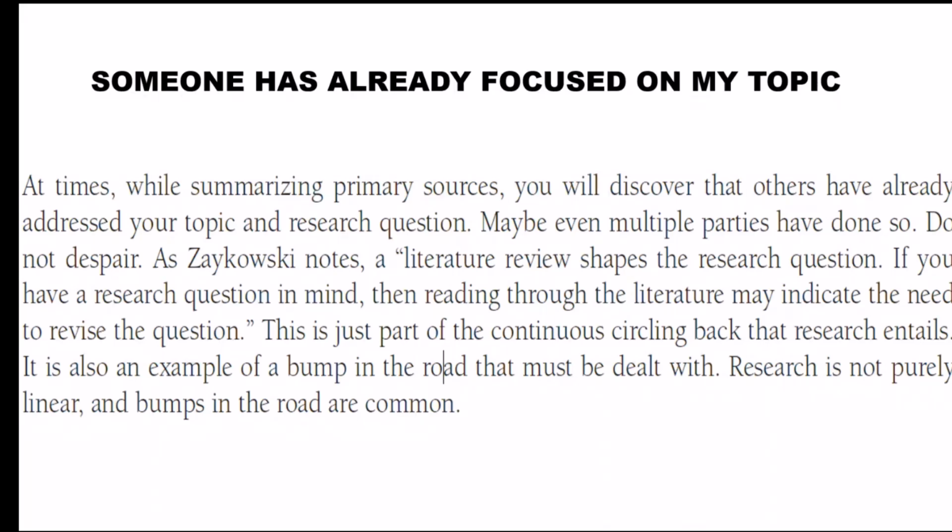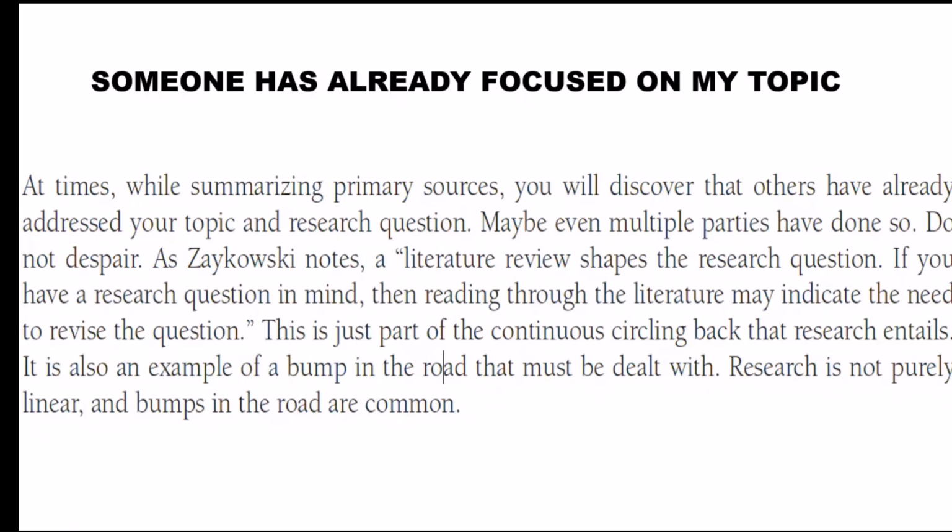It says, at times, while summarizing primary sources, you will discover that others have already addressed your topic and research question. Maybe even multiple parties have done so. Do not despair because of that. A literature review shapes the research question. Now, it means even if I have my research question, the literature review can assist me to refine it or to improve it or to revise it.